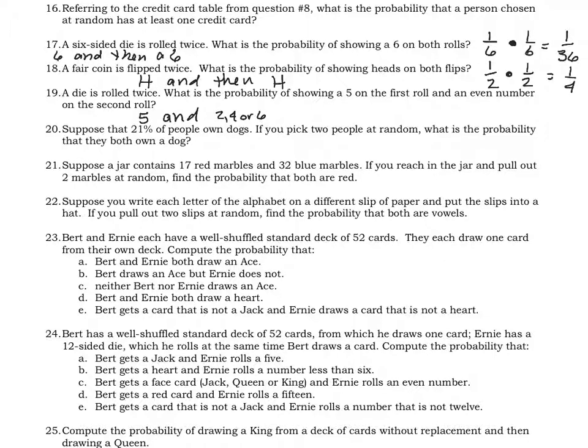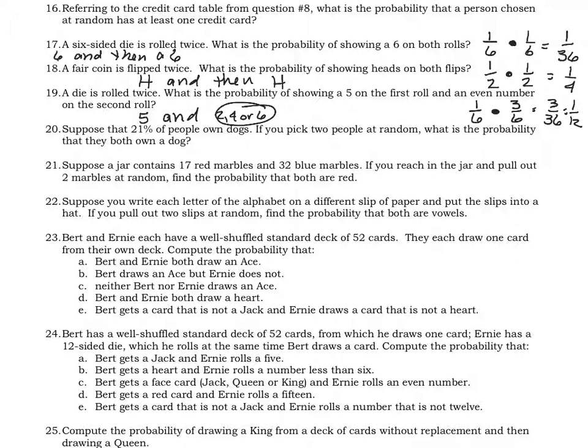The probability of rolling a 5 is 1/6, and then this is 3 choices out of 6. That gives us 3 out of 36, which we can all agree reduces to 1/12.